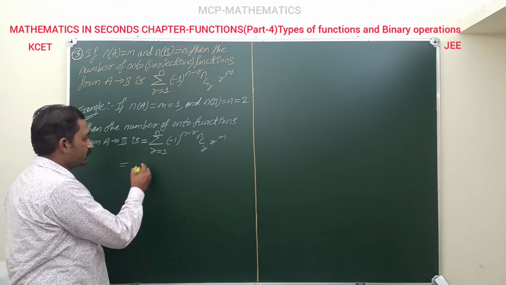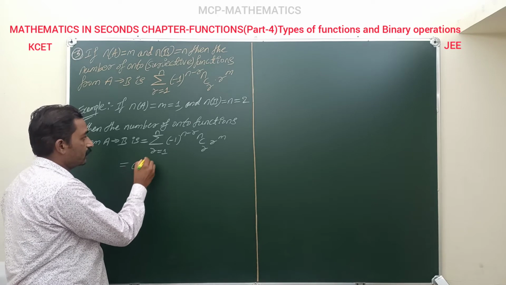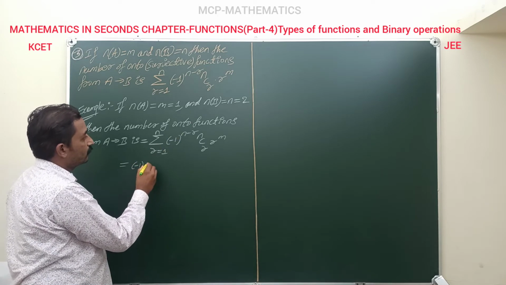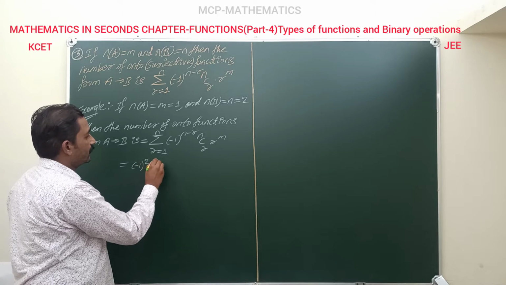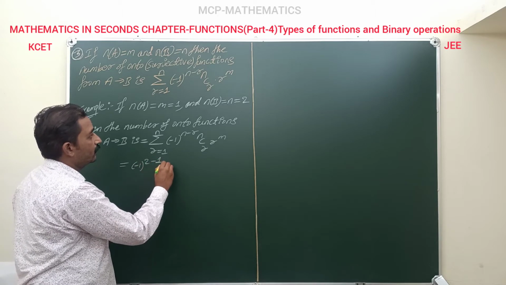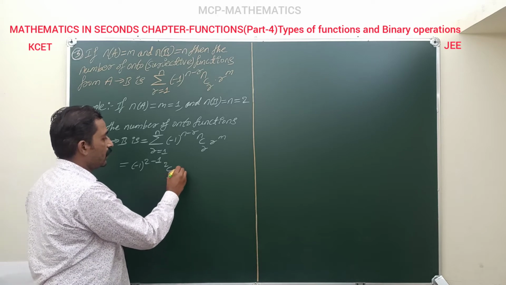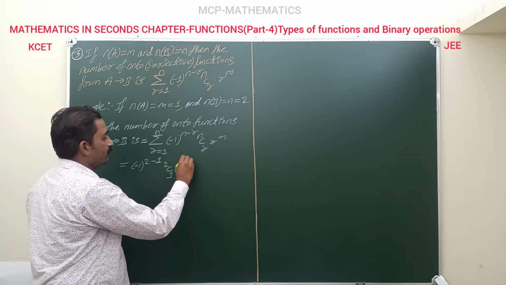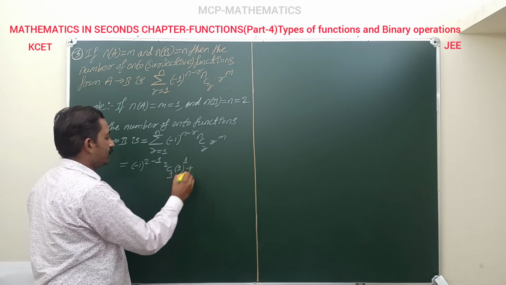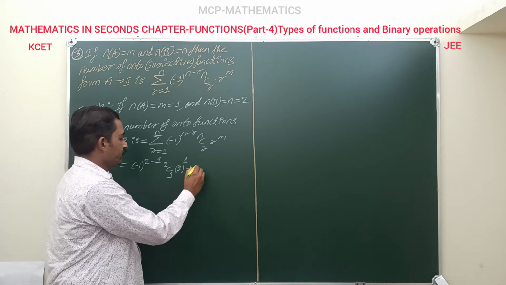So here put r is equal to 1: (-1) to the power of (2 - 1), 2C1, into 1 to the power of m, which is 1. Plus next r is equal to 2: (-1) to the power of (2 - 2), 2C2, into 2 to the power of m, which is 2 to the power of 1. So now simplify this.